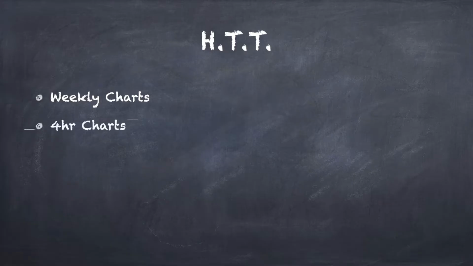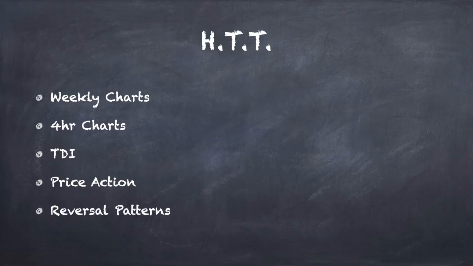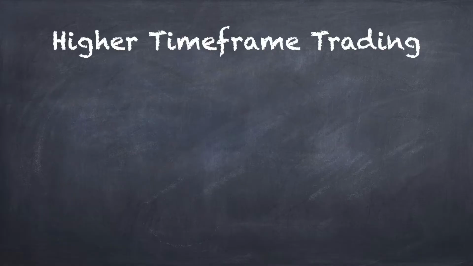We're going to use the 4 hours as our entries. The TDI is something that we're going to use to help find the actual trade setups. And we're going to use price action and reversal patterns to help spot potential trade setups, right? So this is just a quick recap of the previous video.